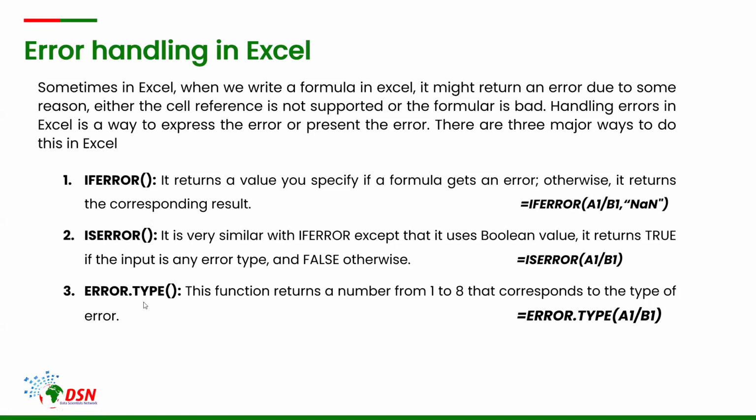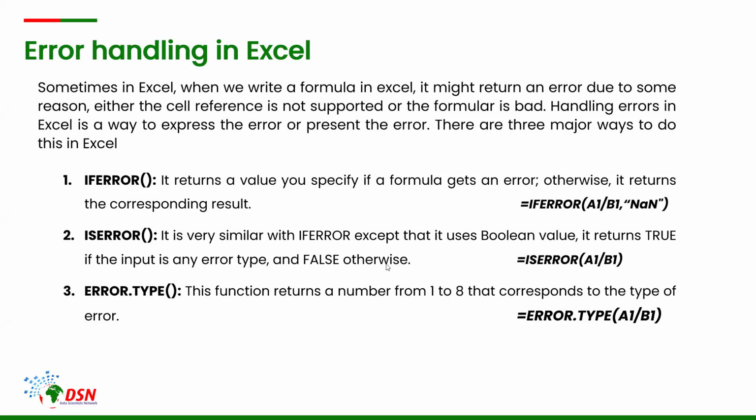We also have ERROR.TYPE. This one will tell us the type of error that we have. Knowing the type of error helps us solve our problem and know what to do. There are different kinds of errors in Excel, and sometimes it might not understand it.